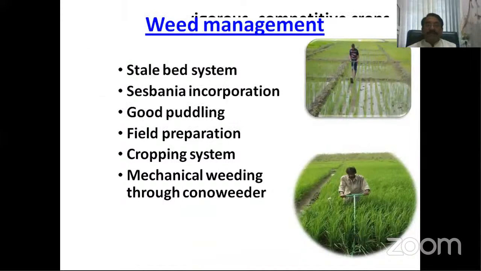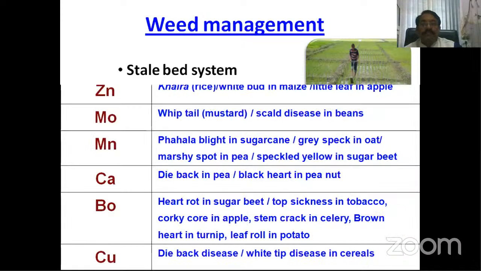Another way of weed management is the stale bed system. Sesbania works as a smothering crop. If Sesbania incorporation is done, it will manage the weeds up to some extent. Good puddling for rice, field preparation, cropping system, and mechanical weeding are very good means of weed management in organic fields or organic crops.